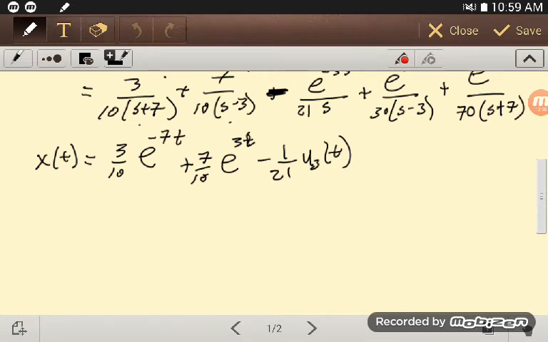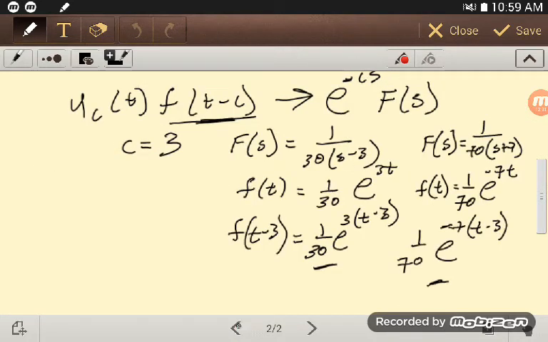So I'll put those two back here. The answer is plus 1 over 30 u3 of t, and then e to the, which one was the 30?